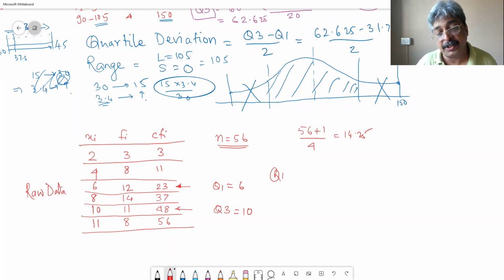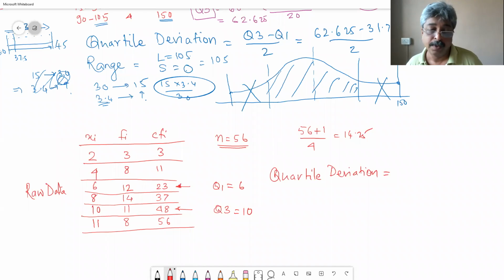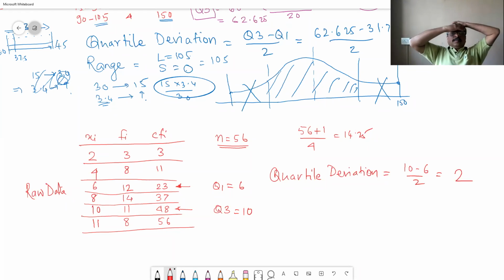Therefore quartile deviation is equal to 10 minus 6 upon 2, which is 0.5.